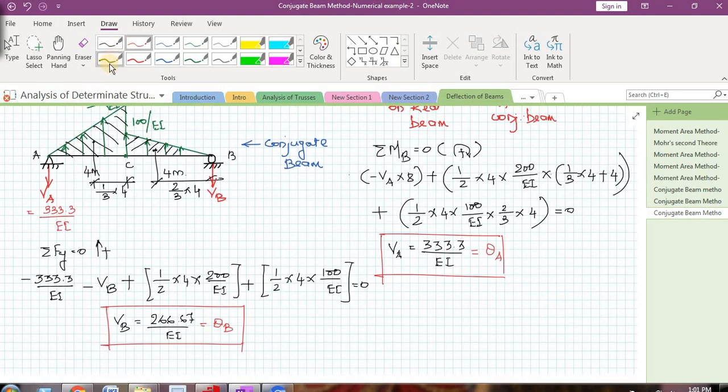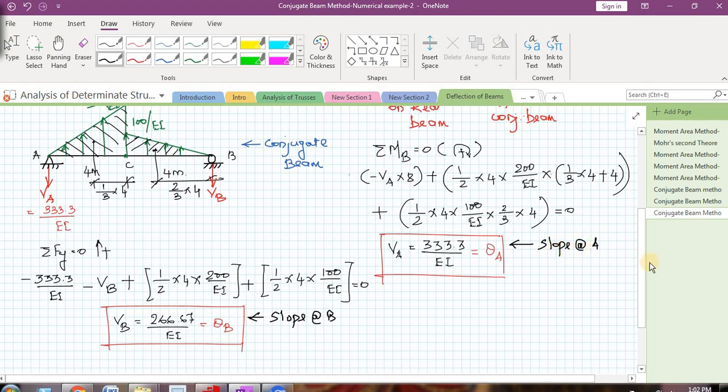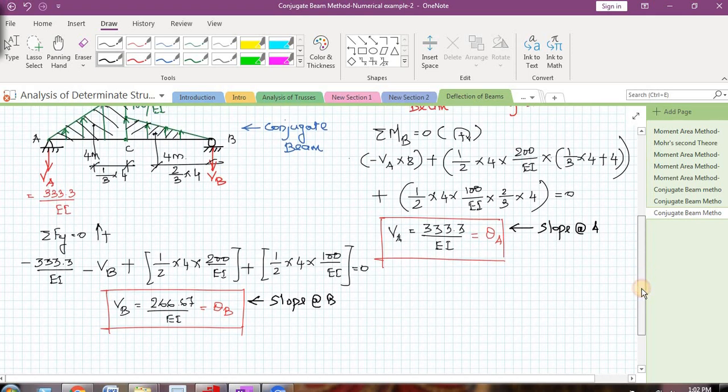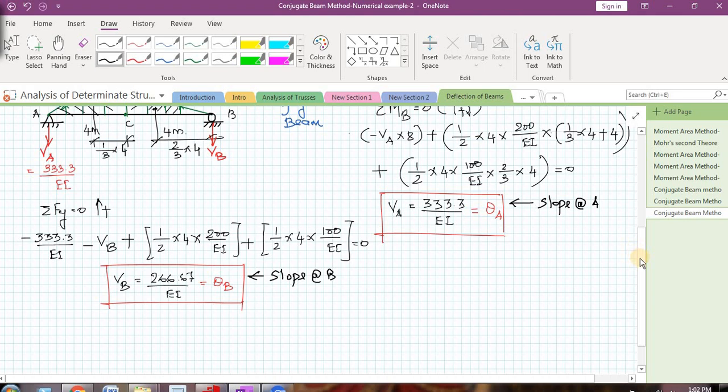So let me just write that here. This is slope at B, and this is slope at A. We can also find the slope at C, so let me find that here.